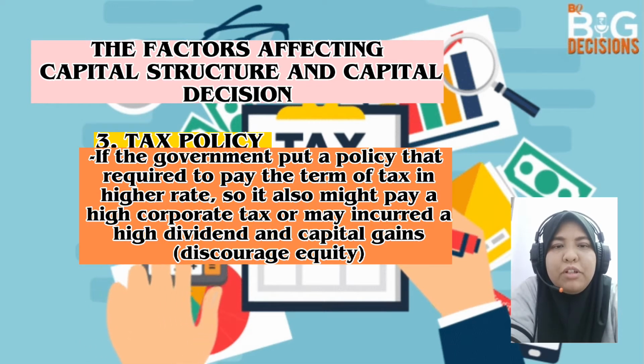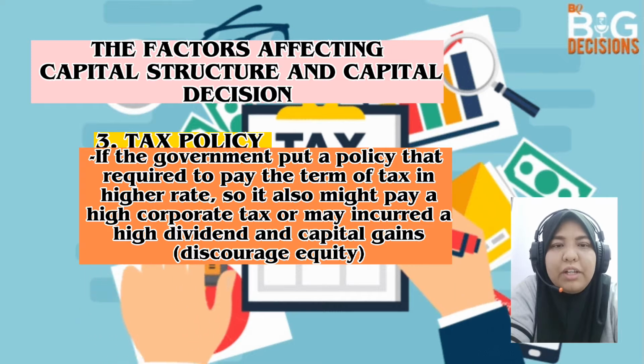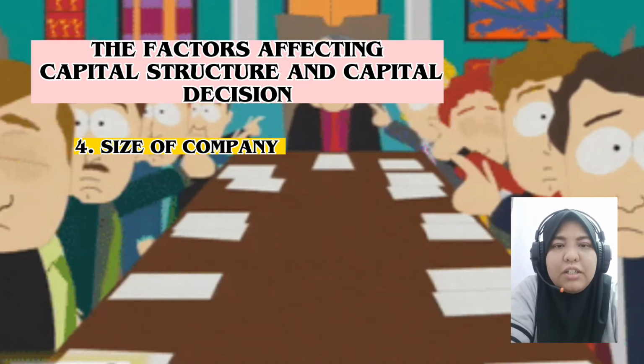If the government puts a policy that requires them to pay tax at a higher rate, the company must also pay higher corporate tax, or may incur high dividend and capital gains tax. It will cause discouragement of equity by investors and influence the debt instruments that might be incurred by a company. Fourth is the size of the company.